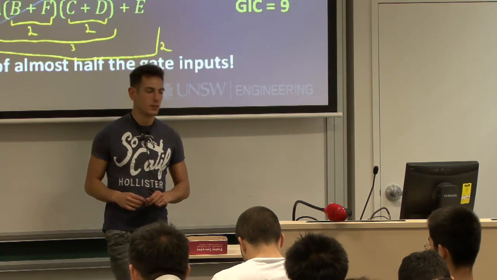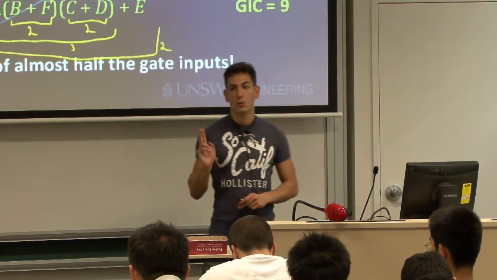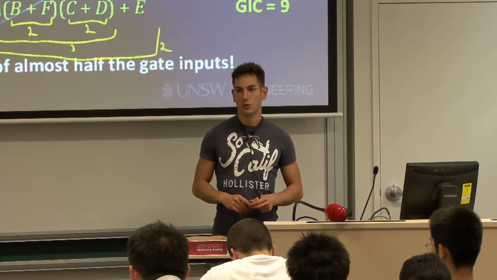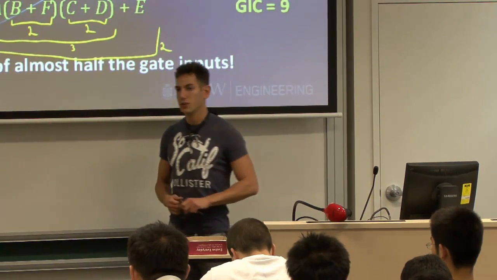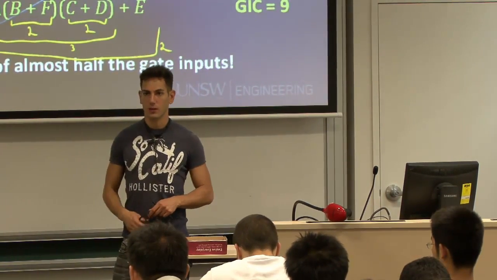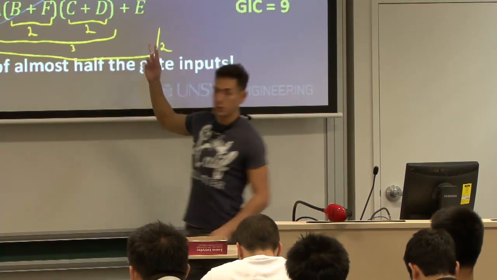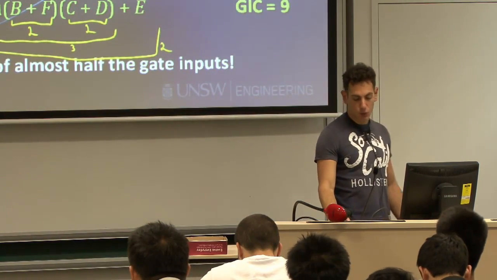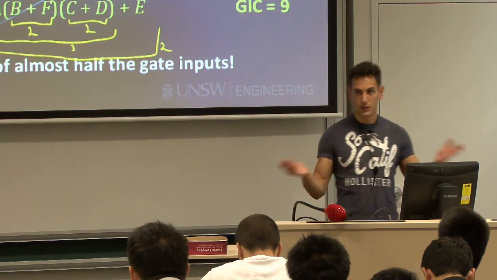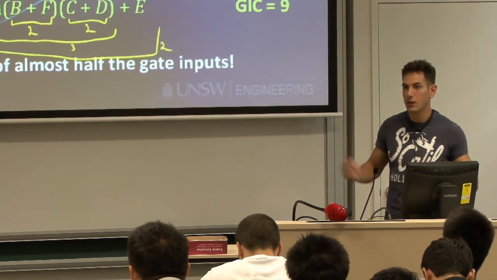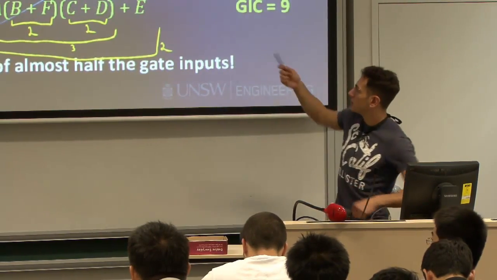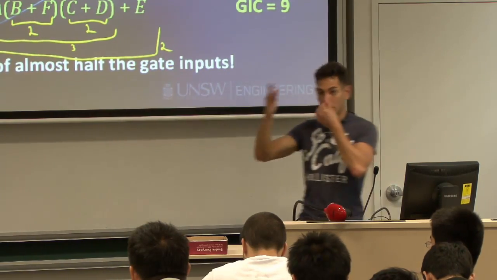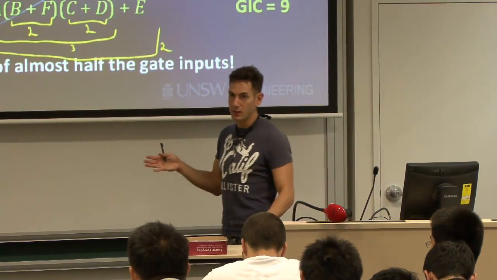When we did the 2-level optimization, we're not actually optimizing the gate input cost. You will get a larger circuit than if you tried to do it here. This is a 2-level circuit. The first line is something that possibly came from a K-map, and it only consists of one level of AND gates and another level of one big OR gate.